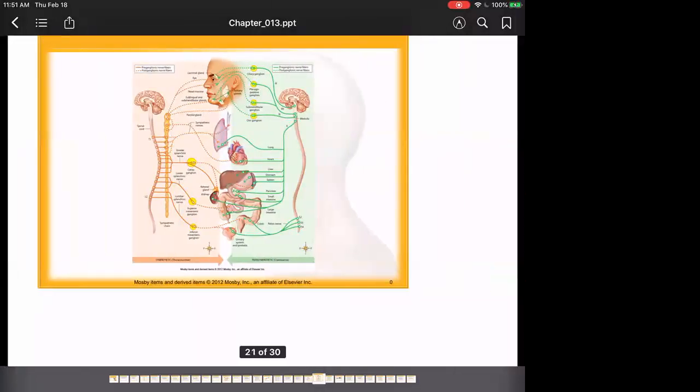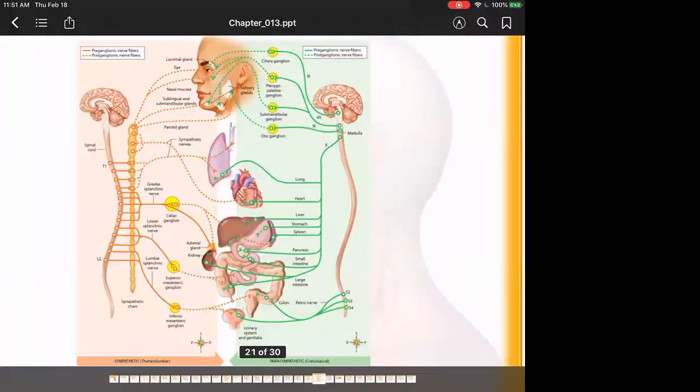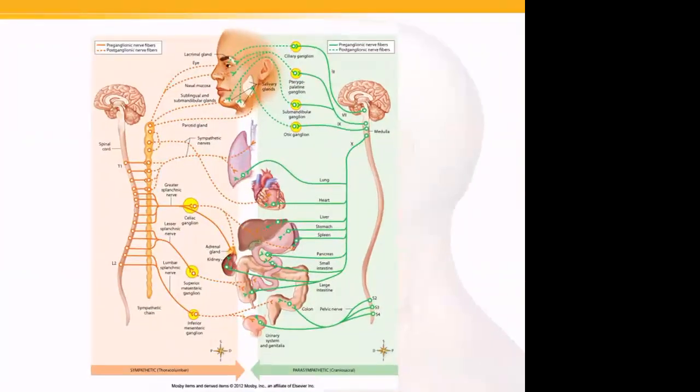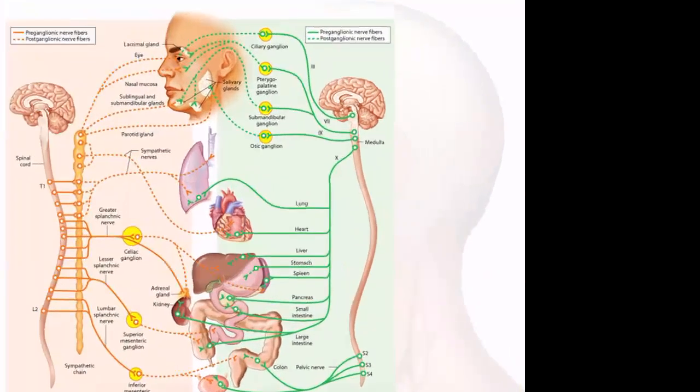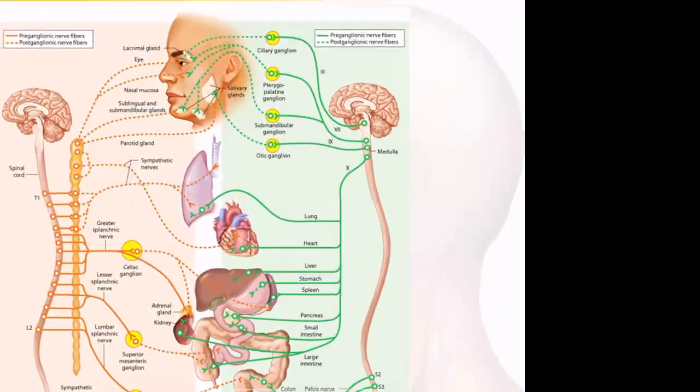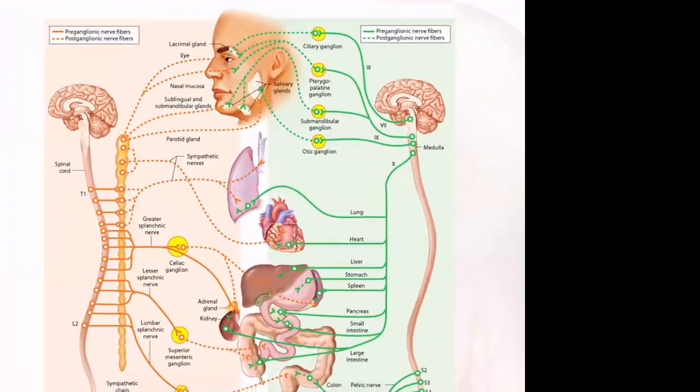We talked about some of that already. See, this right here starts to get a little too detailed. In the green side, this is like the parasympathetic pathways, and in the, like, I don't know, peach colored side, these are the sympathetic pathways of how messages are getting sent to these areas.